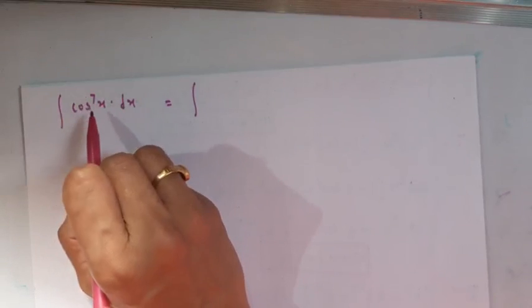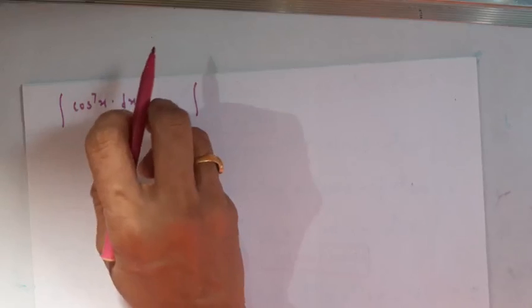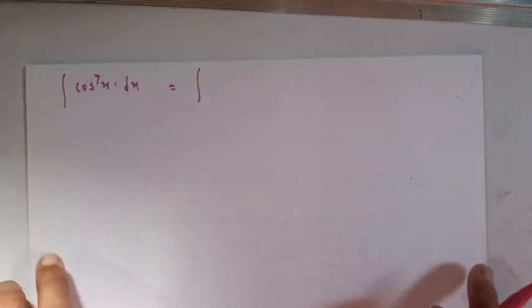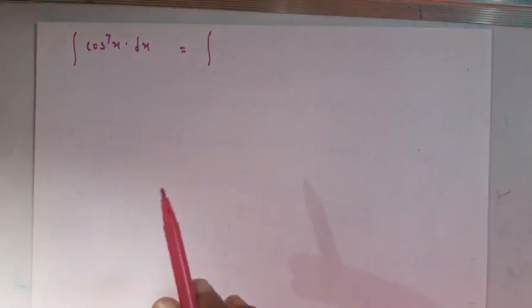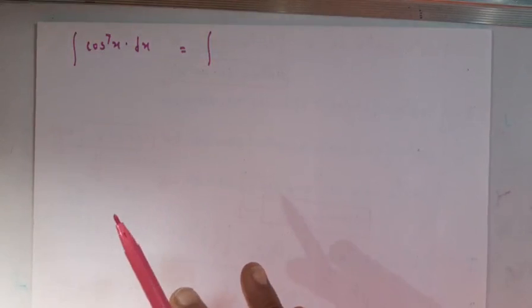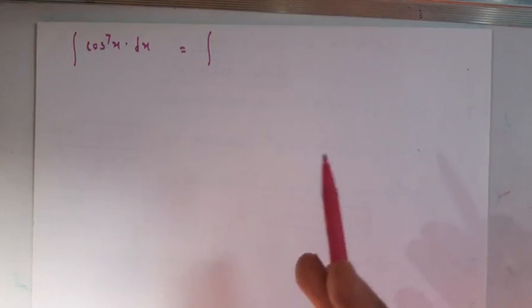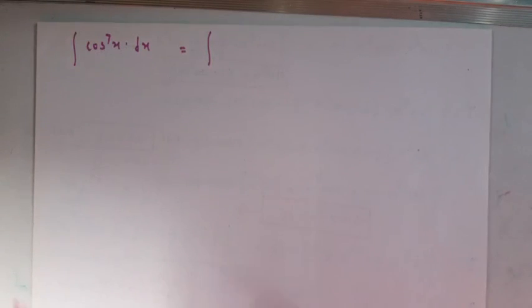Now, what we have done in the last problem: we converted sin x into sin square, then sin square we converted in terms of 1 minus cos square.